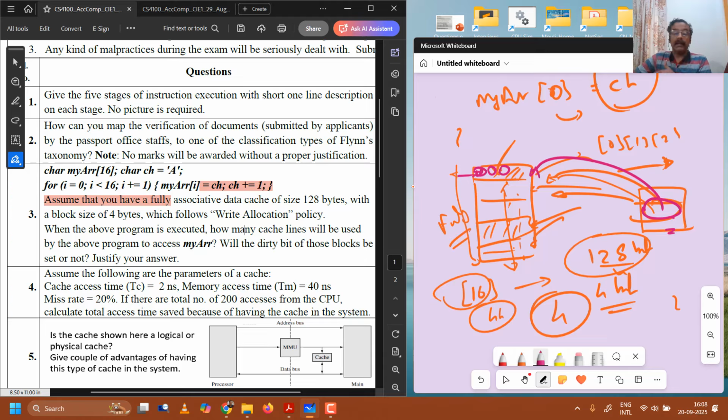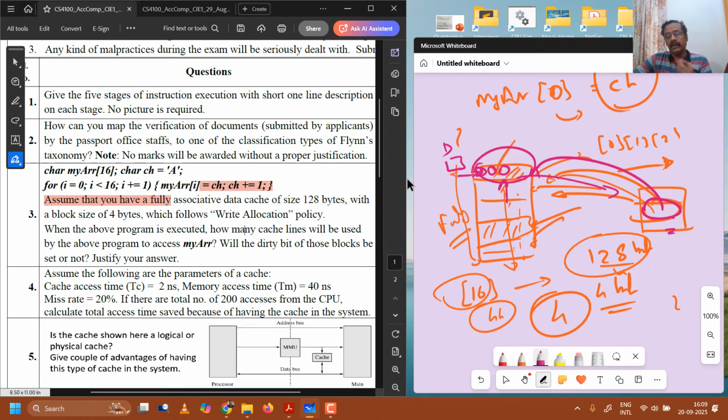Because it is writing data generated by this program, ch is incremented every time and generates new data to be written to the main memory, but locally it is written into the cache. Later on it will be written back when the cache block is evicted. So the answer is that all the blocks which are brought into the cache will be modified, or the dirty bit will be set. Okay, that's the answer. I hope it is clear.